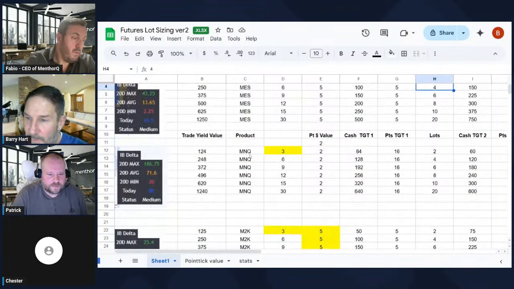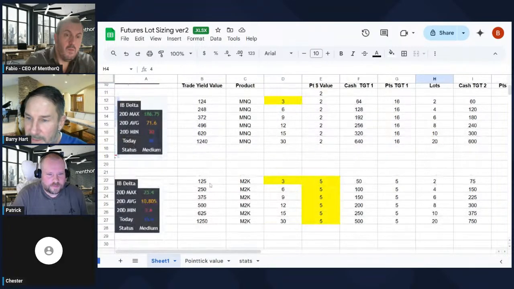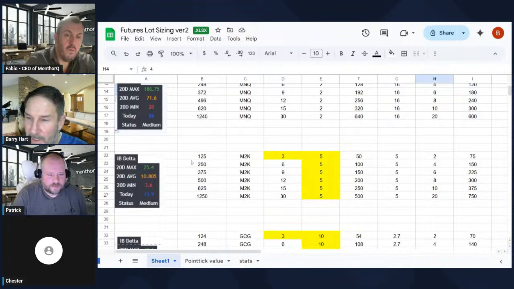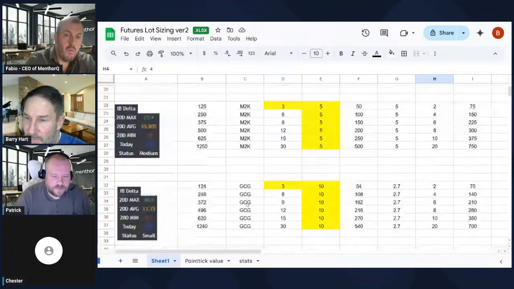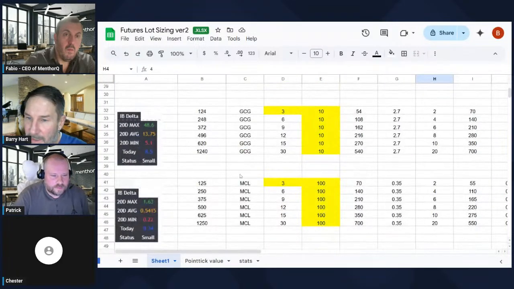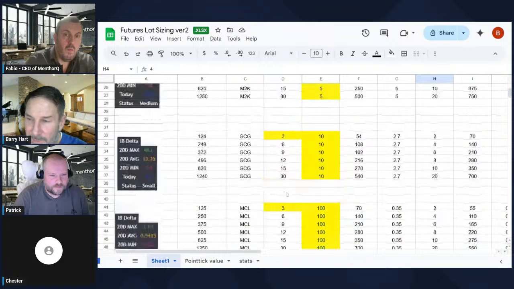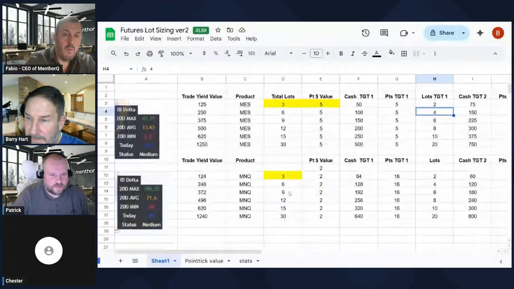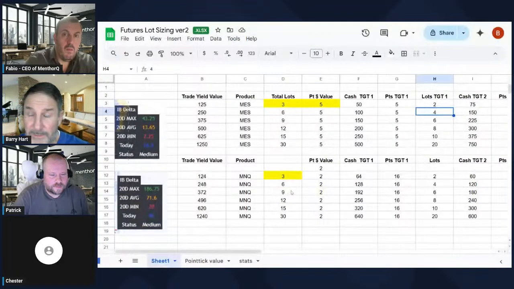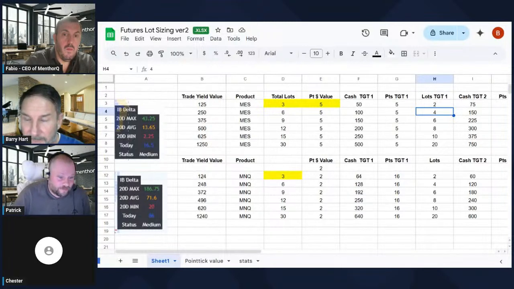The same goes for the MNQ. I have a similar sizing for Russell and points, etc. Similar for gold, similar for oil, and I just laid it all out on a spreadsheet, and that's the plan. That's the business.